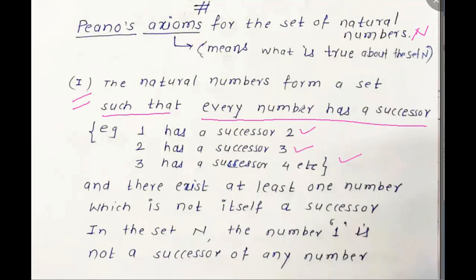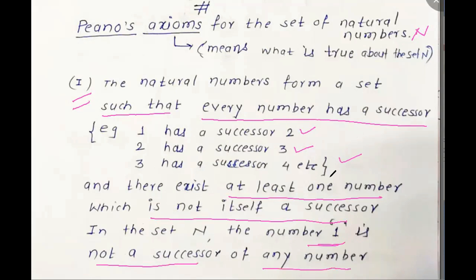So every number in the set N has a successor. And there exists at least one number which is not itself a successor. So in N there is one number which is not a successor of any number. The number 1 is not a successor of any other number, right?